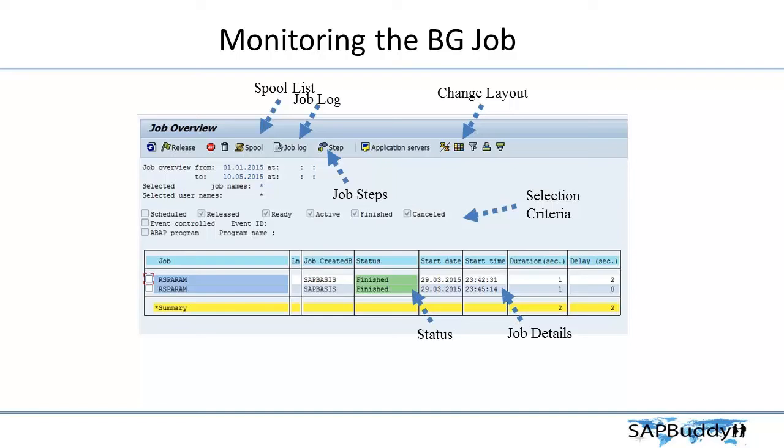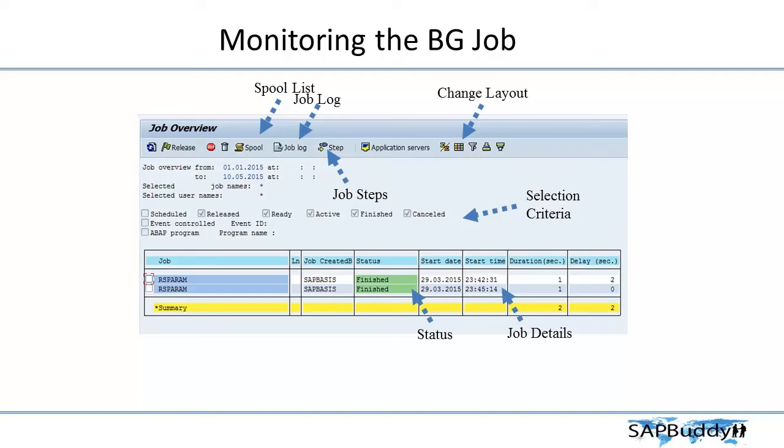This will also give you the selection criteria used for displaying this particular screen. It will give you the status, whether it is completed or error or any other status, and it will also give you the job details. This is very important: when it started and when it completed.